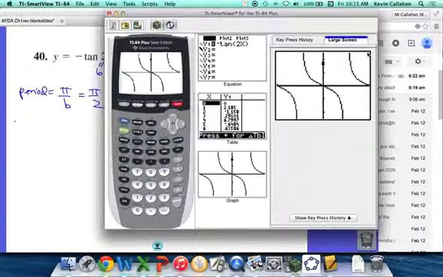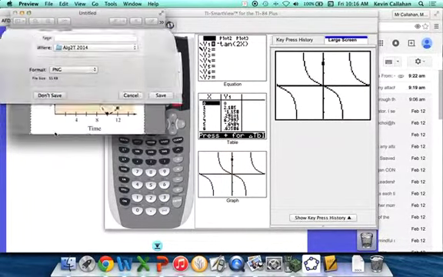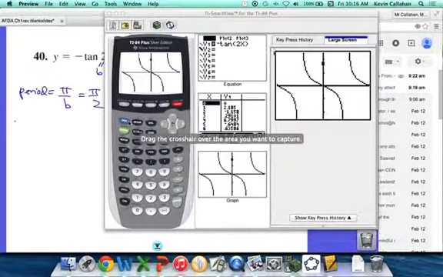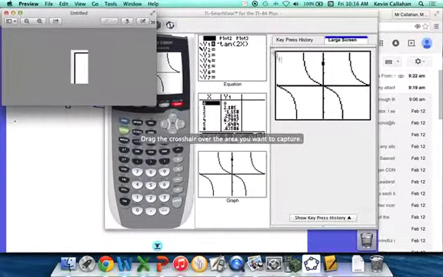Negative 5 to positive 5 in the asymptotes. Try this again.